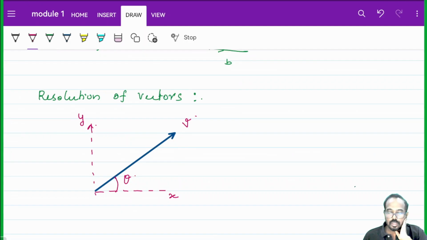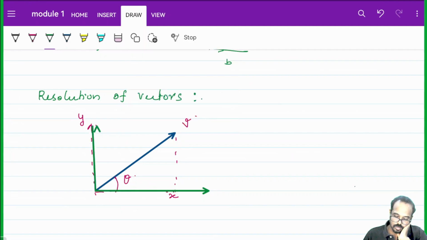Got it? The component along the x-axis, how can you resolve it? One component along the x-axis, one component along the y-axis. For that, you know that this is V, right? This is the angle.